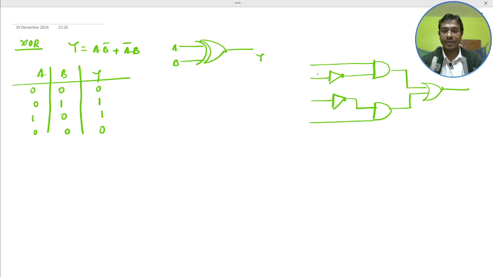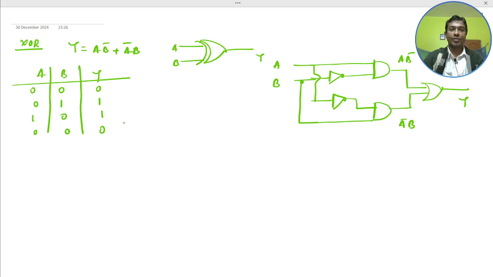These are the inputs A and B, connected here. So here this is A B bar and this is A bar B, and this is Y. So Y equals A B bar plus A bar B, this is the operation of the XOR gate.